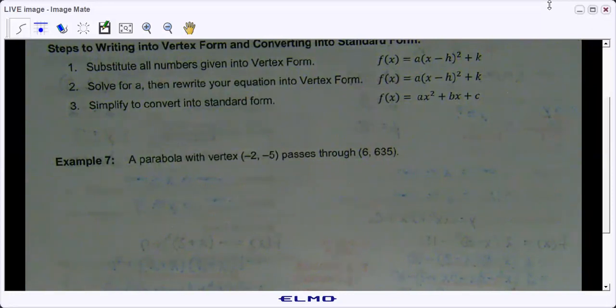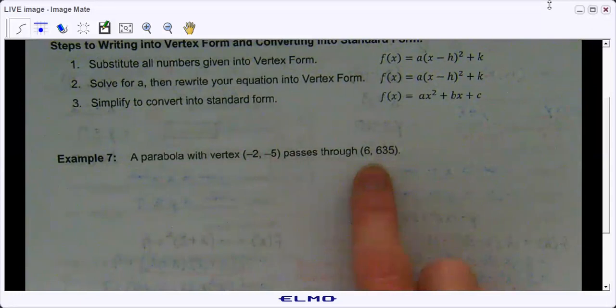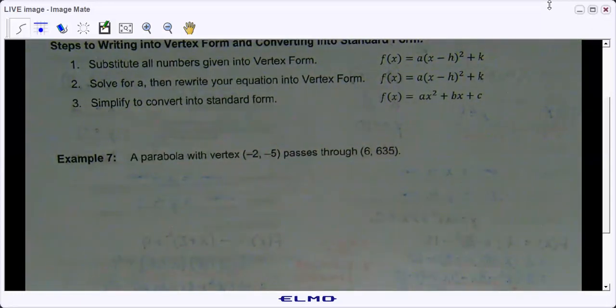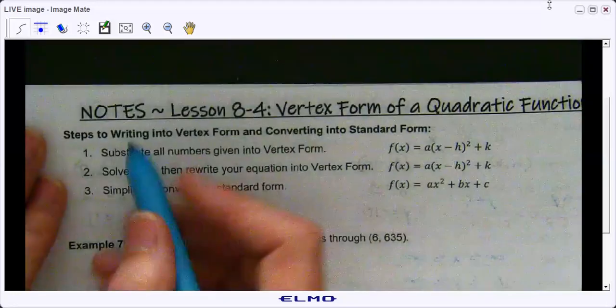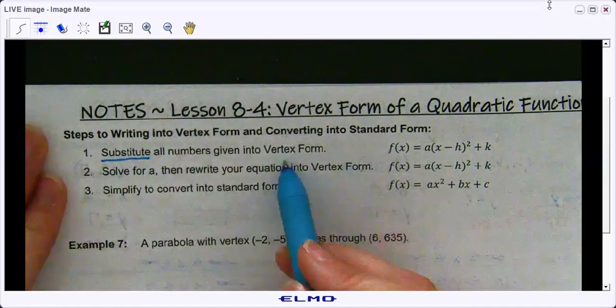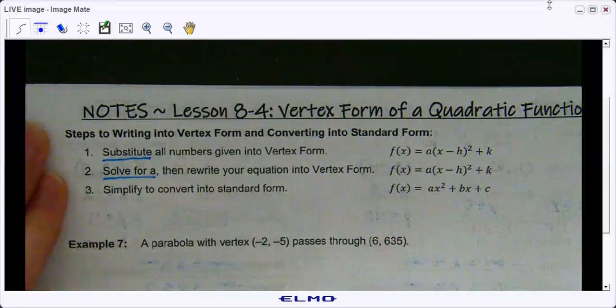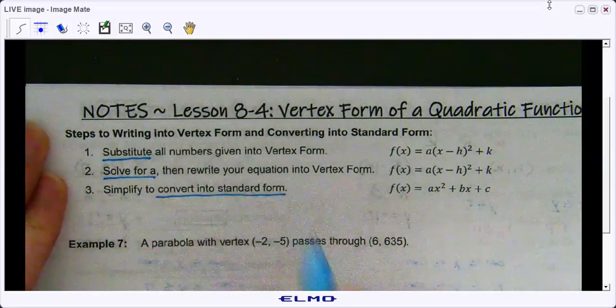What that is saying is that this is the vertex of your parabola, and this is some other ordered pair or point that lies on your parabola. We want to put it in vertex form and turn it into standard form. First we substitute the numbers into the vertex form, solve for A, and then convert to standard form.